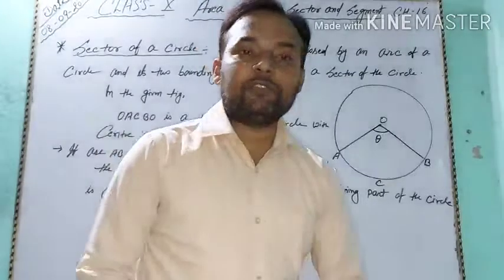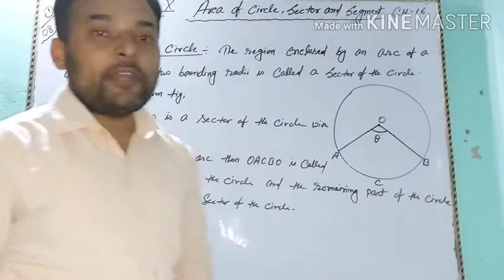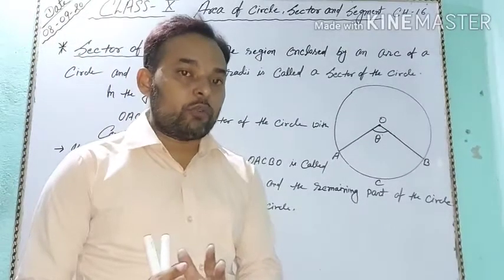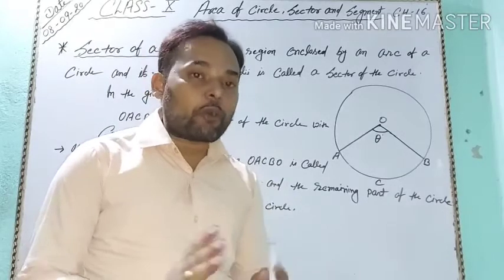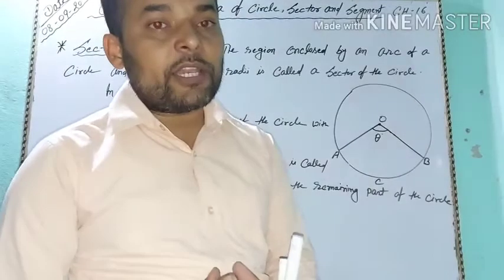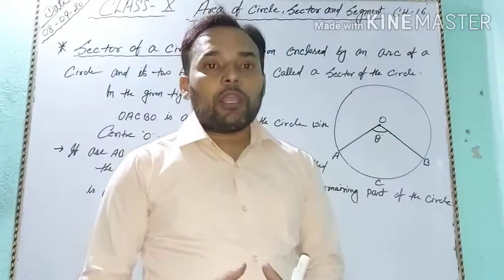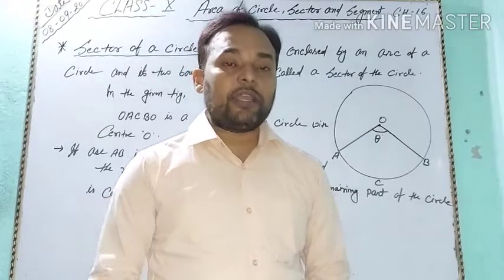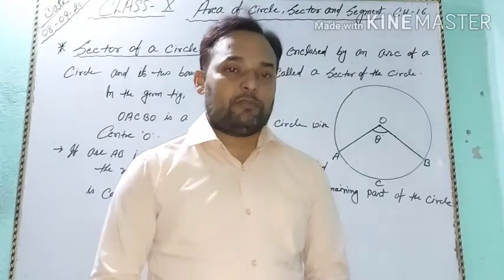And students, the next term related to the circle is the sector of the circle. Okay, so what is the sector of the circle? The sector of the circle is the region of the circle, a part of a circle.